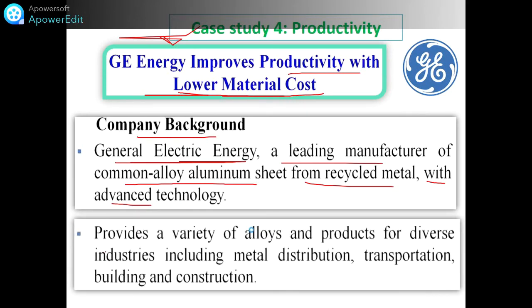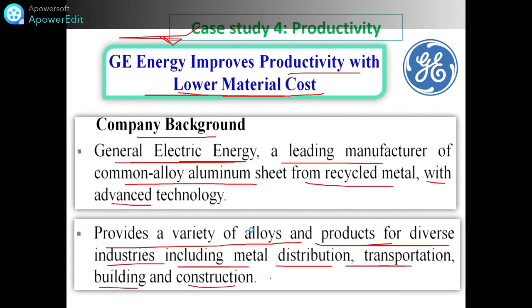It provides a variety of alloys and products for diverse industries, including metal distribution, transportation, building and construction. These are the various firms under this G and E.